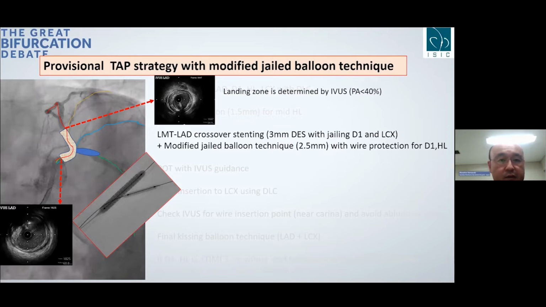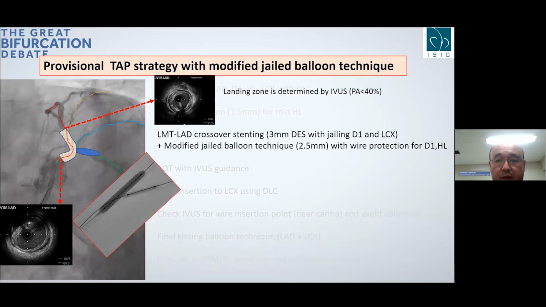When we look at the IVUS, beyond the first diagonal, we can find a good position in the lumen. Lumen is around 3 millimeters or more. So I want to put a stent distally in the area with less than 40% plaque burden. So I want to stent here with the modified jailed balloon technique.